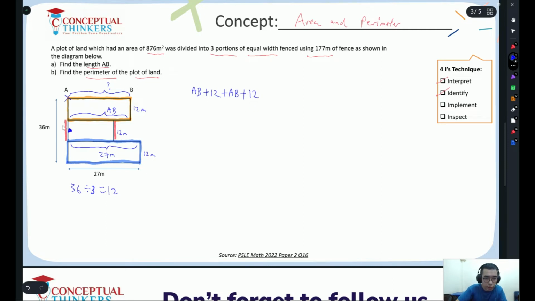Now I'm going downwards, so I add another 12. Basically these are all 12 meters. So I've already added in my AB, 12, AB, 12, 12 here.